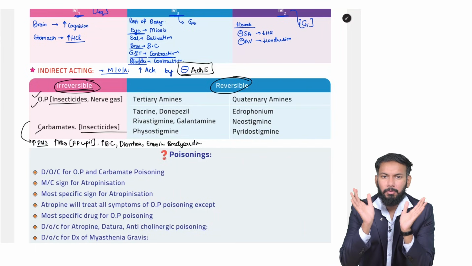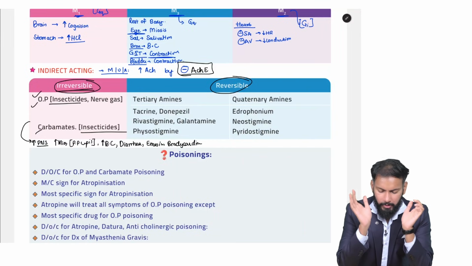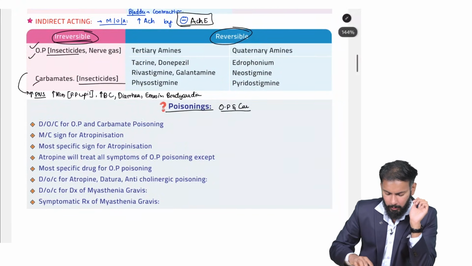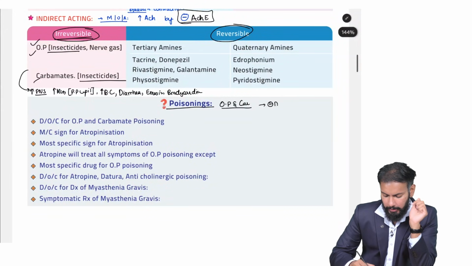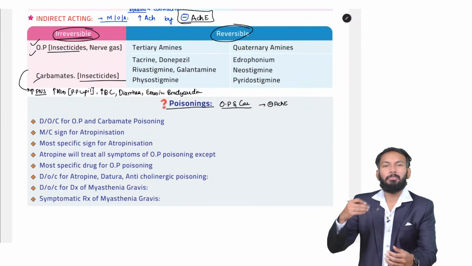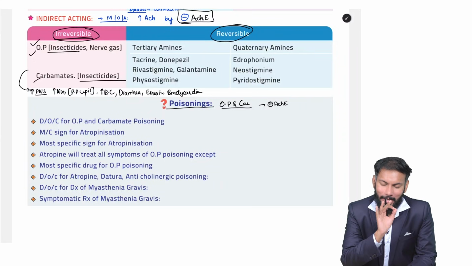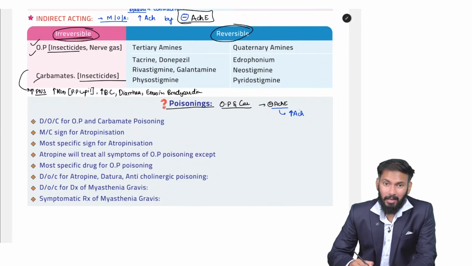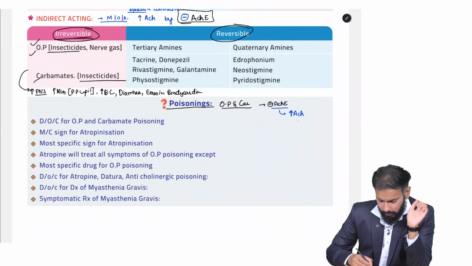Now, you must have studied this in the poisonings. Why is organophosphate and carbamate poisoning happening? I've already told you the mechanism of action, because it is blocking acetylcholine esterase. So it will increase the acetylcholine levels. Now, why are we getting the functions?